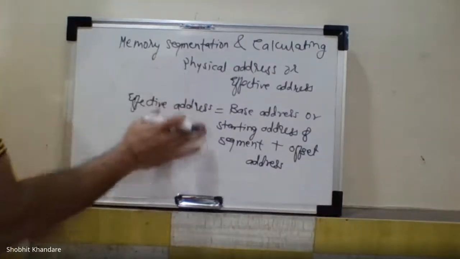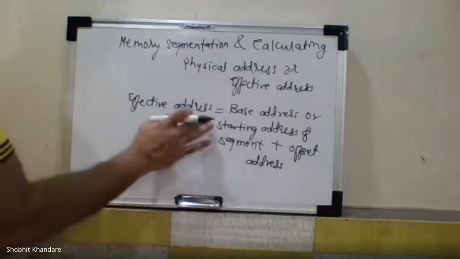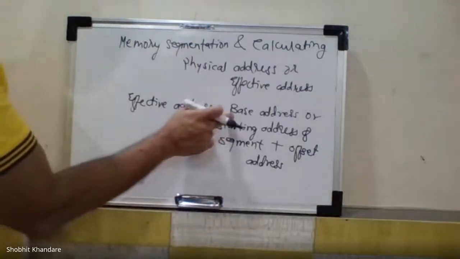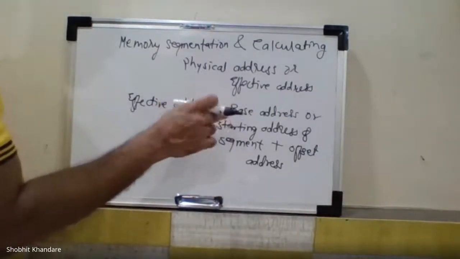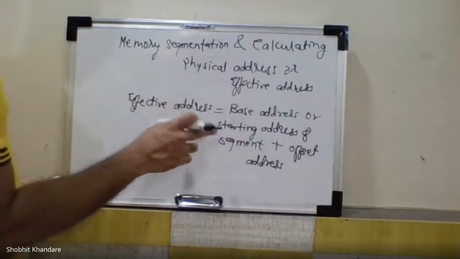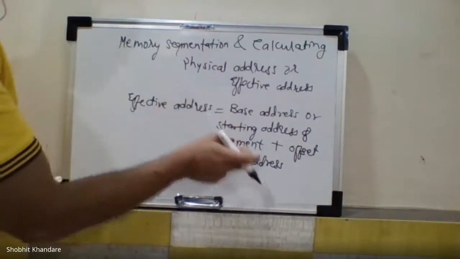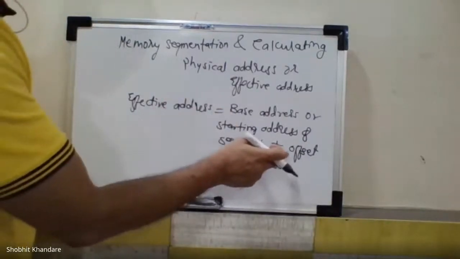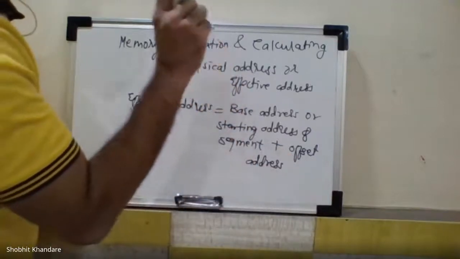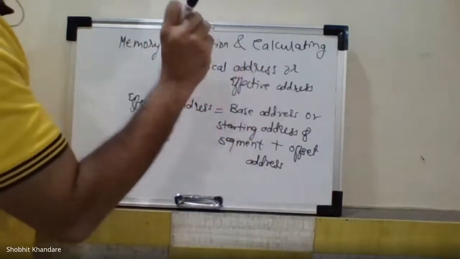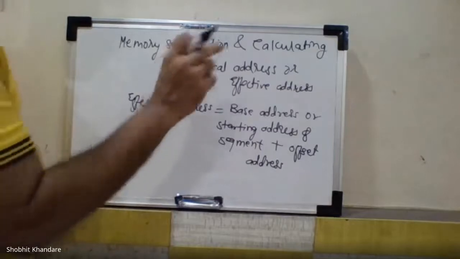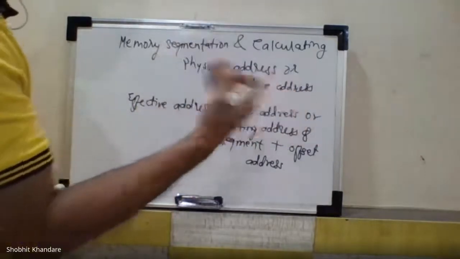Now we are going to see each and everything. I have already told you where the base address is stored: the segment address is stored in the segment register, which is also called the base address. Then I told you how, from the offset address, we get the exact location where the data is stored, or from where we want the data.